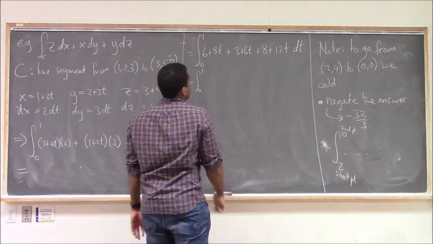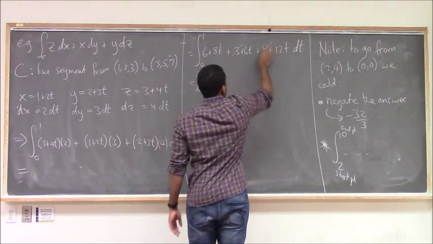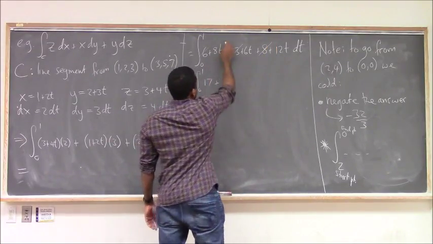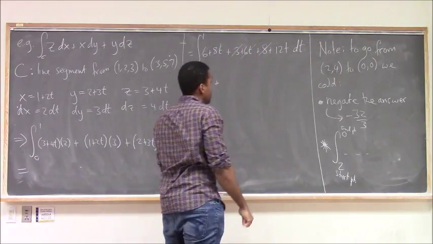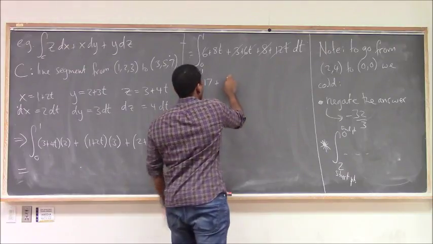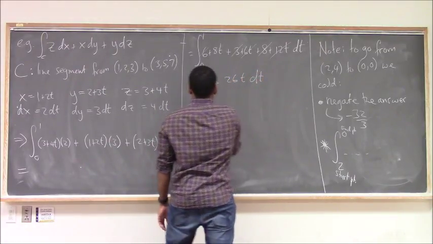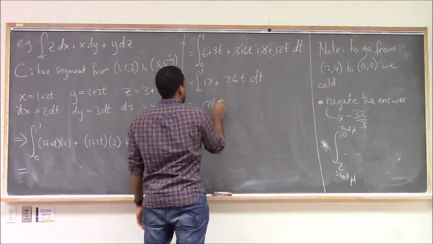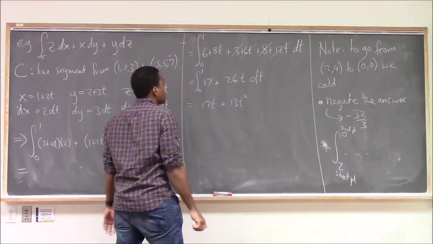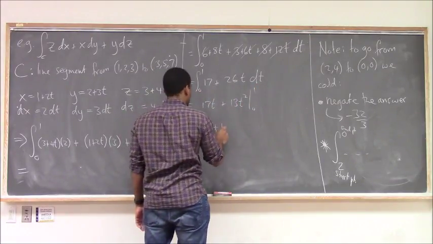Put these all together. 6 plus 3 is 9 plus 8 is 17. 8 plus 6 is 14, plus 12, that's 26, right? 17t plus 13t squared. So that's just 17 plus 13.